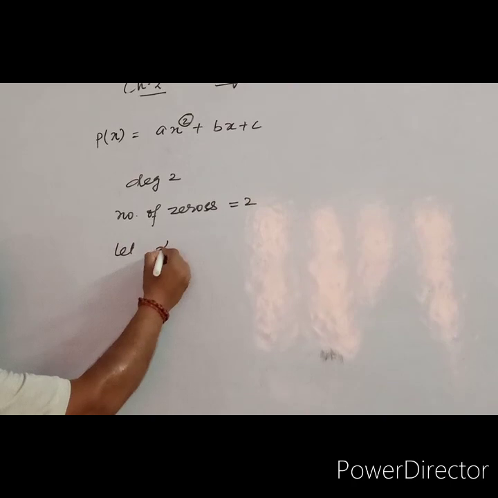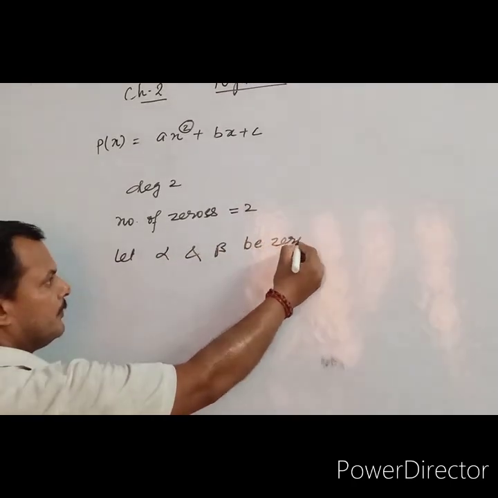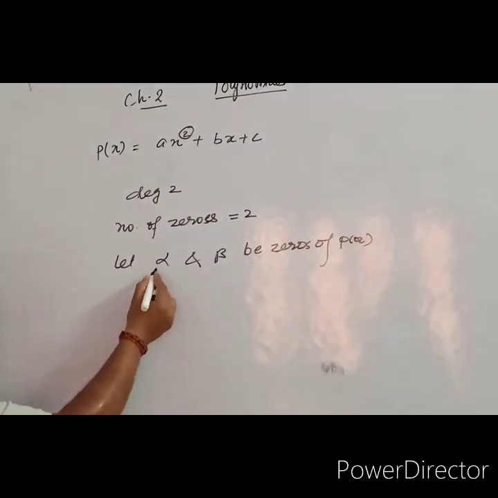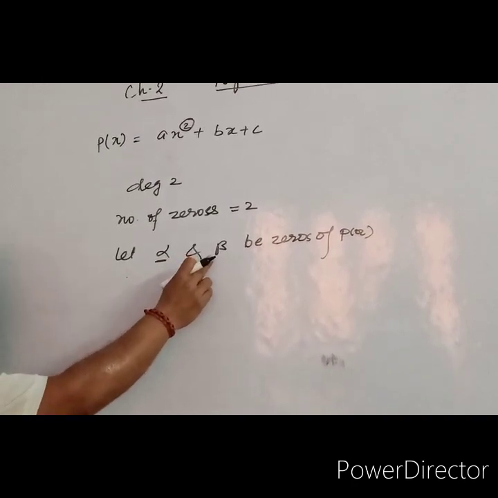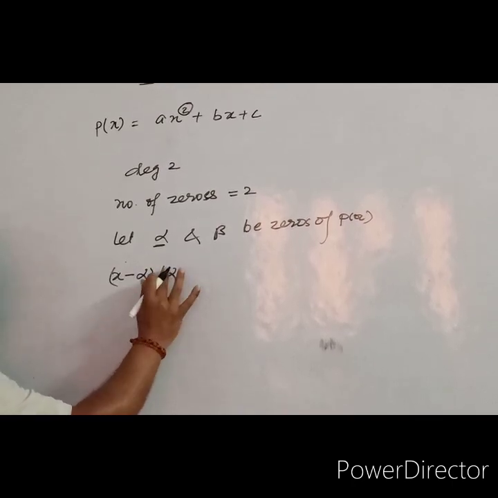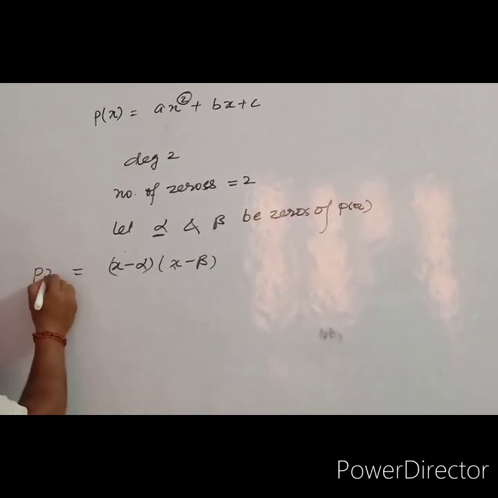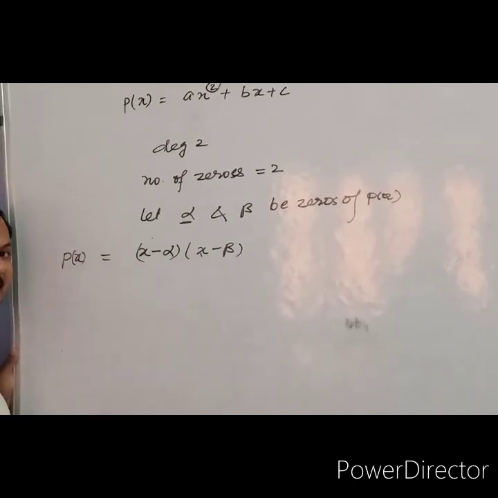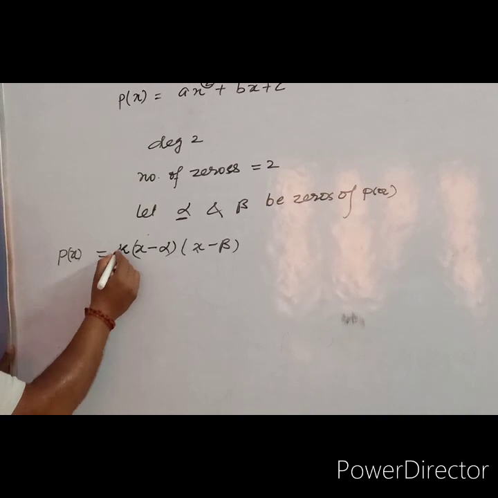Let alpha and beta be zeros of p(x). It means the value of x will be alpha and the value of x will be beta also. It means (x minus alpha) into (x minus beta) will give us p(x), but some constant will be common in that, so that is k.